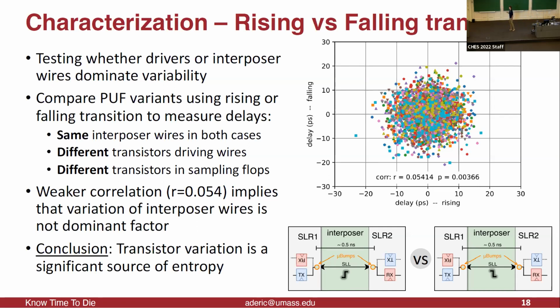And so this tells us where this entropy is coming from. Once we did that, we found a plot that tells you there's no correlation, which means that transistors, in our case, are a significant source of entropy.